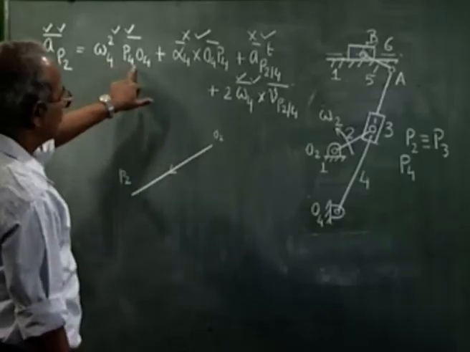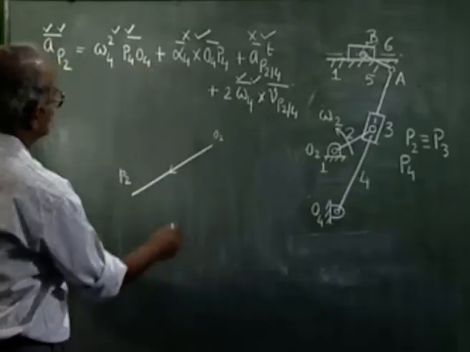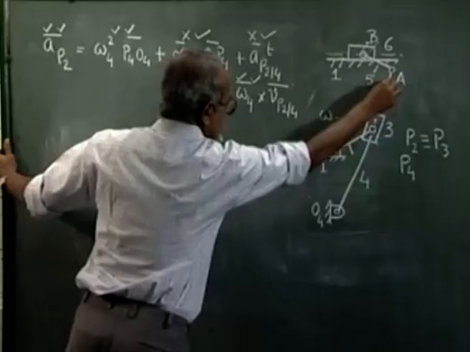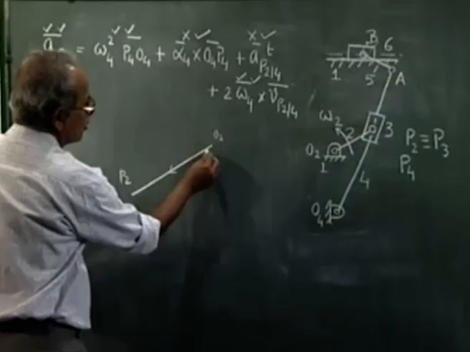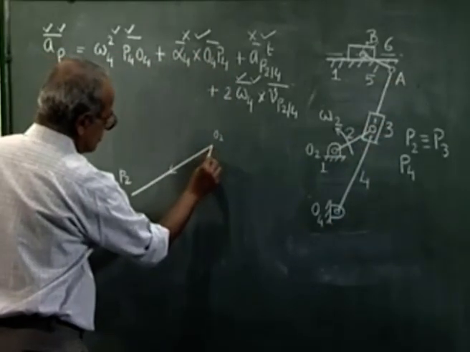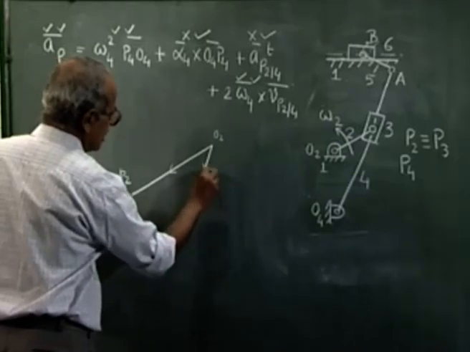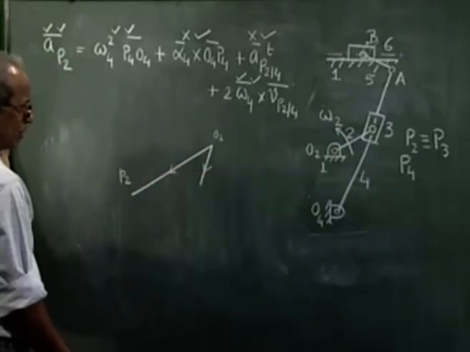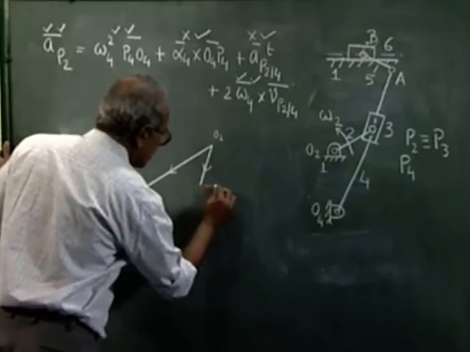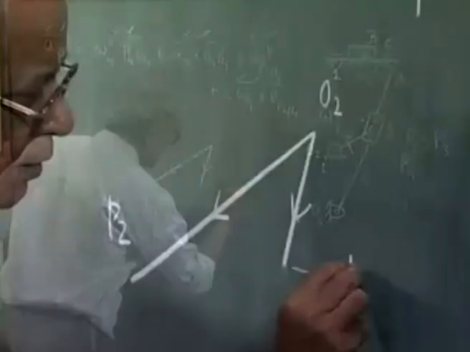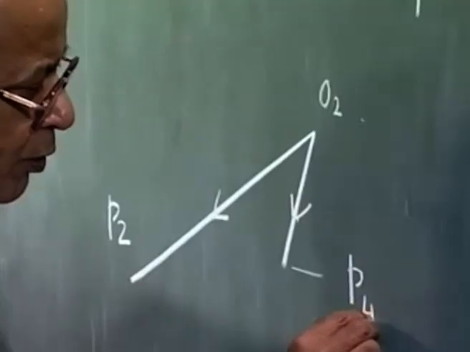Omega 4 square O4P4 is completely known, and that is parallel to this line towards O4. So I can draw it to the same scale, let it come up to this point. This I call P4 prime.